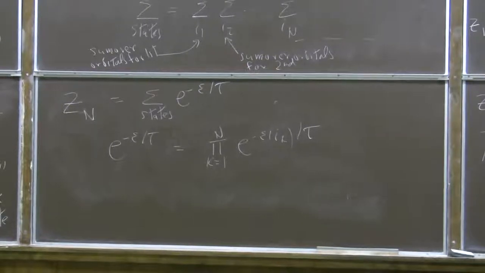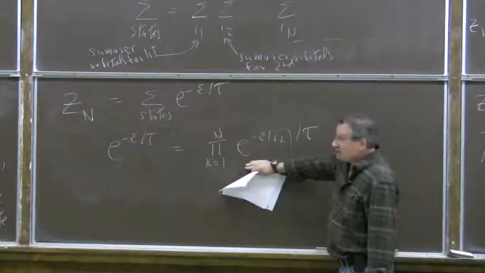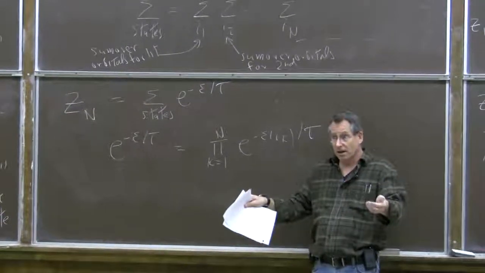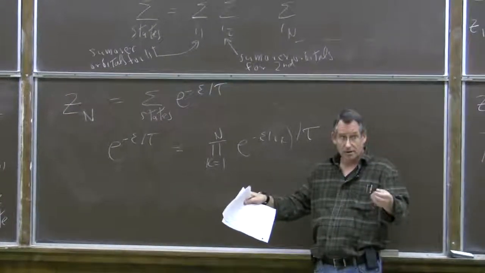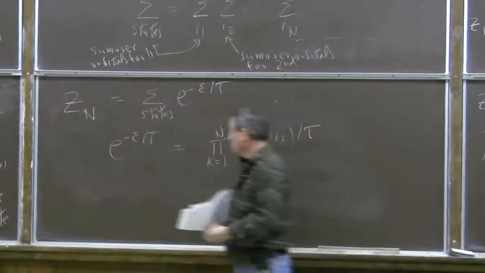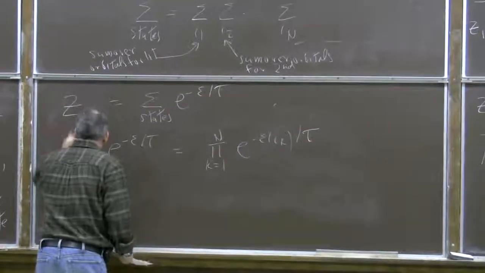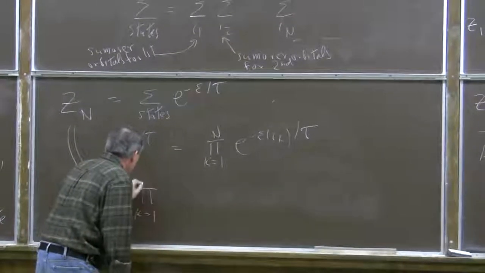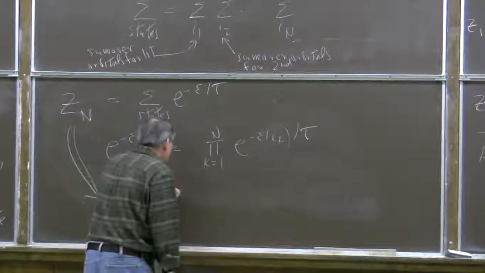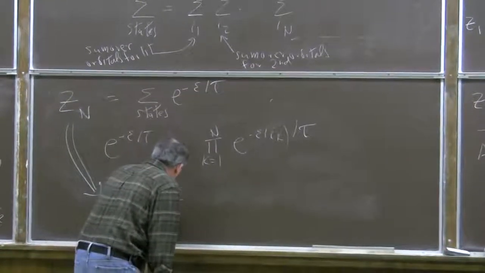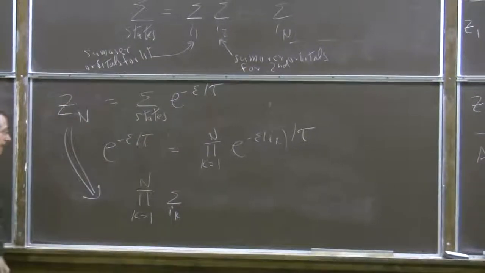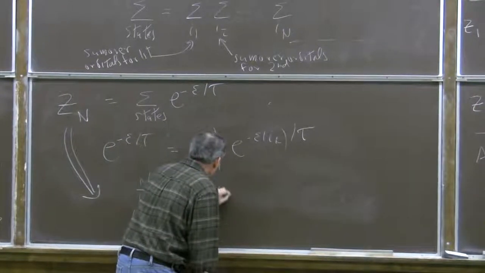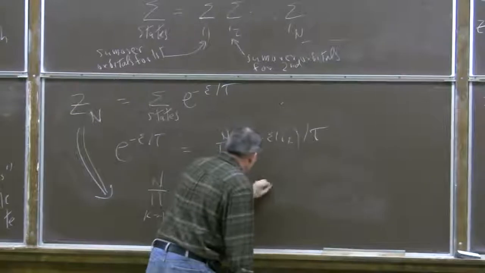So summing over all states, this product of exponentials is the same thing as taking the product of the sums for each one of the k particles over all the orbitals. So z sub n, I can write as the product from k equals 1 to n, and then sum over the orbital occupied by particle k, e to the minus energy of that orbital divided by tau.